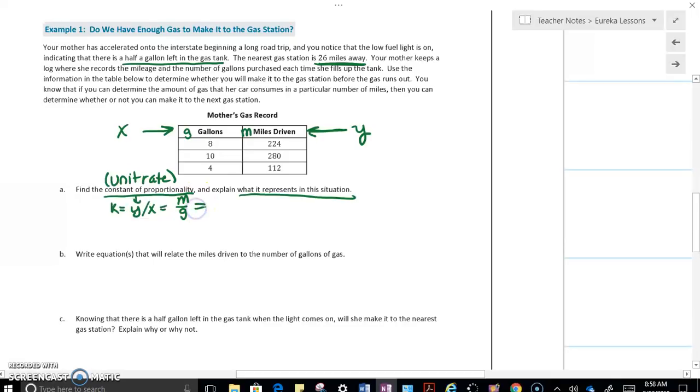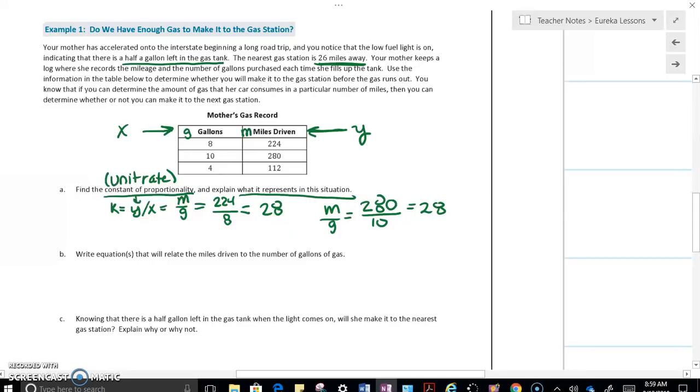So m over g. Let's do 224 divided by 8, which simplifies to 28. Once again, m over g is equal to 280 divided by 10, which is also equal to 28.